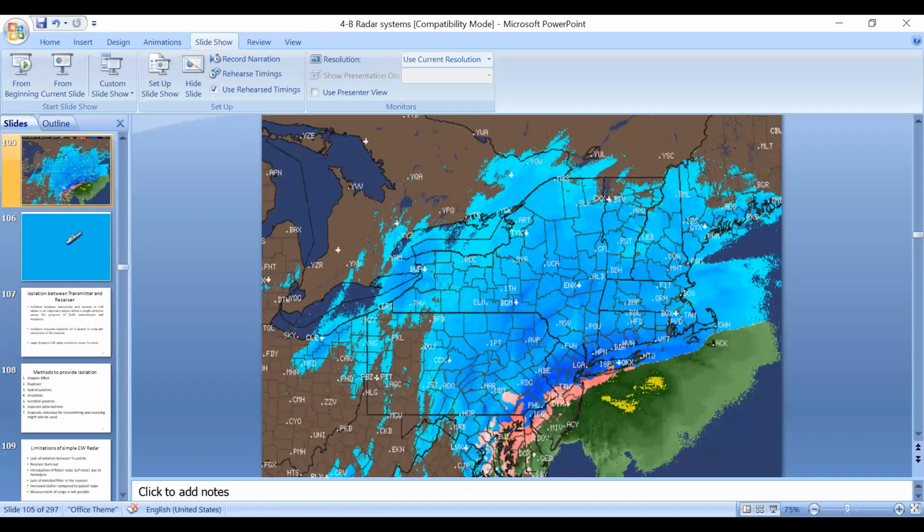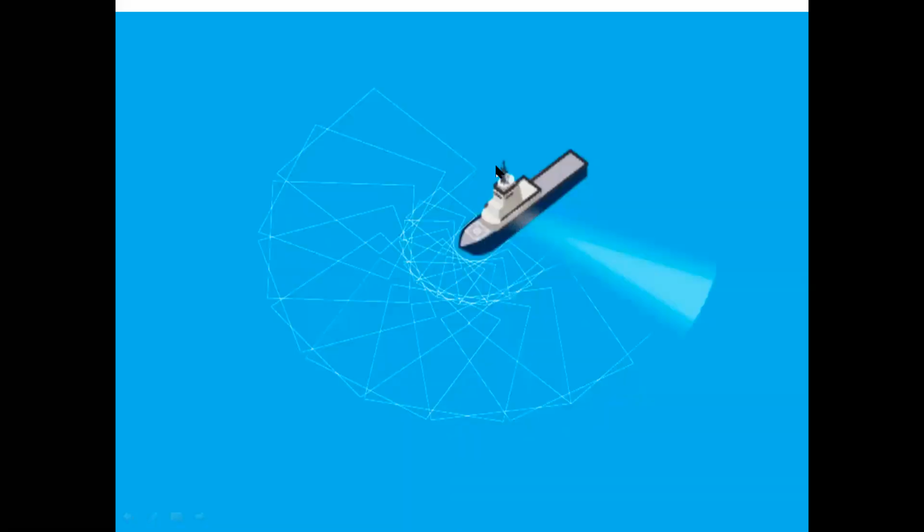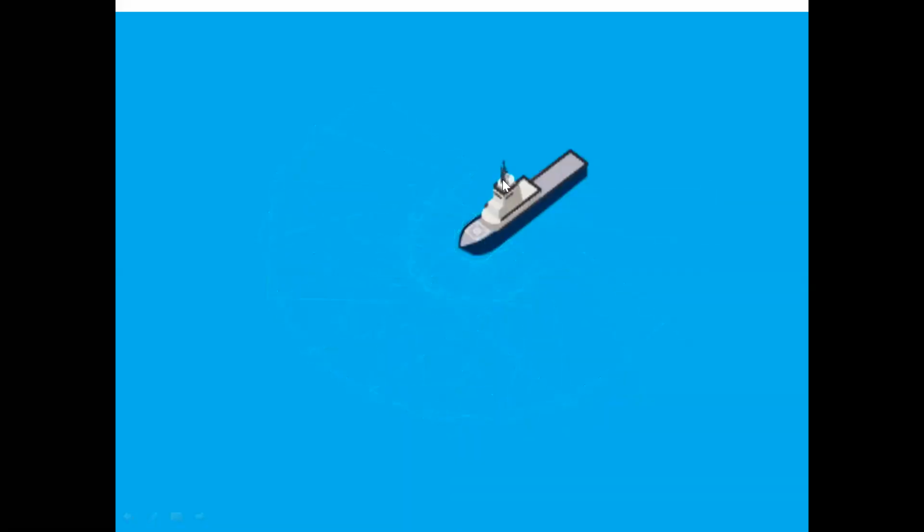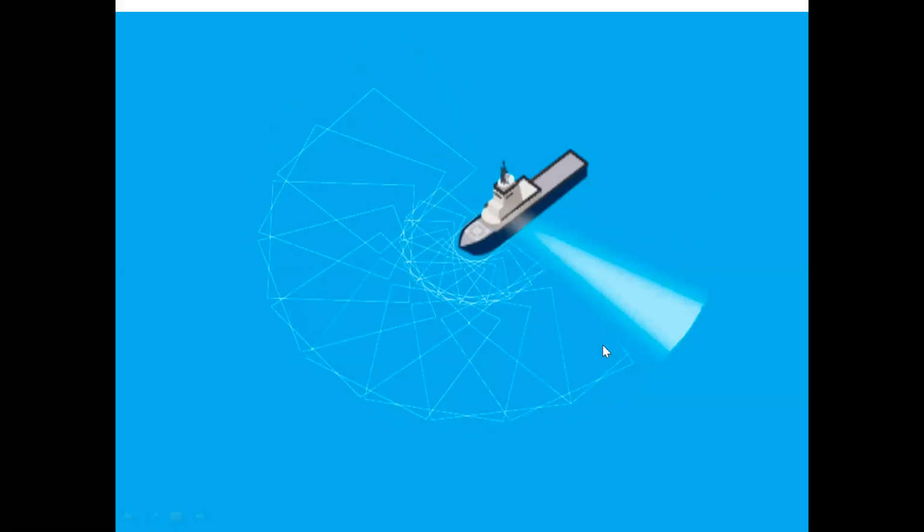Here also, see, this is a ship where our radar system is placed. It transmits horizontal pulses in 180-degree directions.